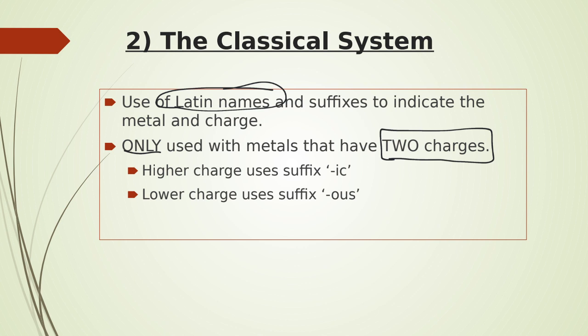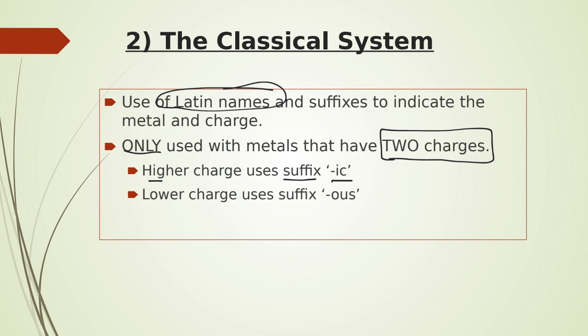Once you know the Latin names of some of these elements, all you're going to do is try to determine which charge is being used on your metal. And then you're going to use a suffix to indicate which charge it is. And we aren't specific as to the actual charge. All that we're doing is just saying, if it's the higher charge, and higher has an I in it, keep in mind, we're going to use the suffix "ic," which also has an I in it.